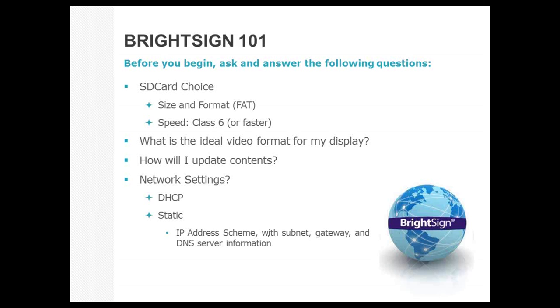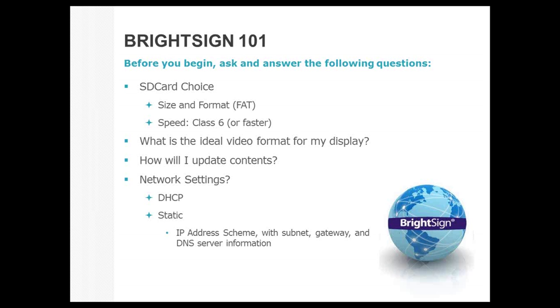DHCP refers to Dynamic Host Configuration Protocol. This is an automated method for assigning an IP address to a new device on a network. So on a network that supports DHCP, I don't need to worry about IP addresses or anything behind that. I simply connect my device, and it negotiates with the network what IP address and subnet mask and so forth that device will operate on.